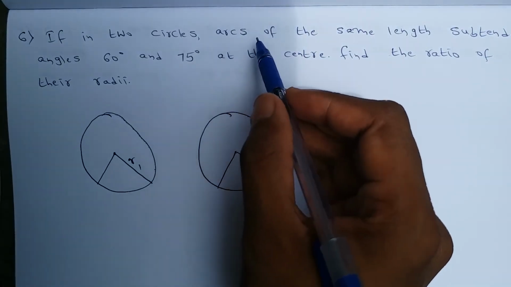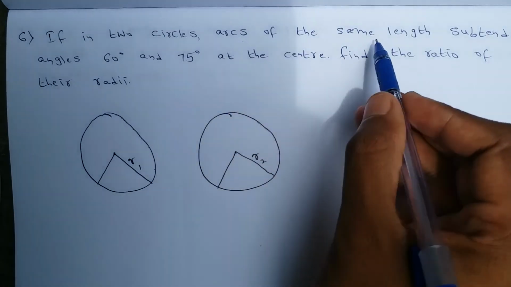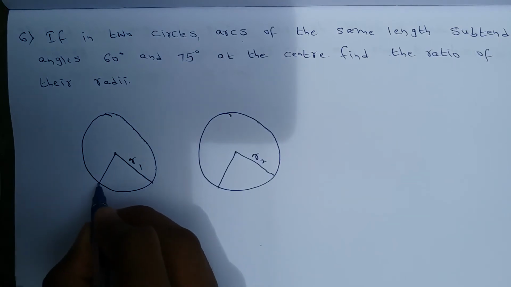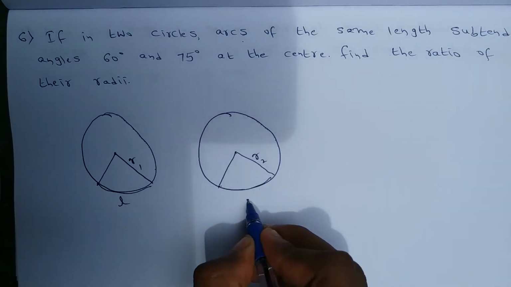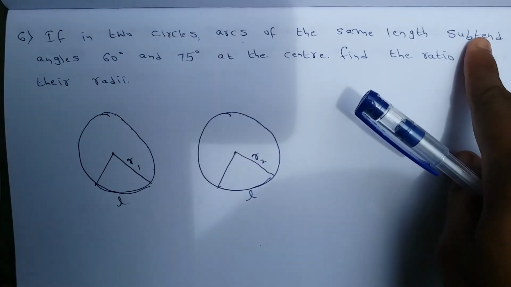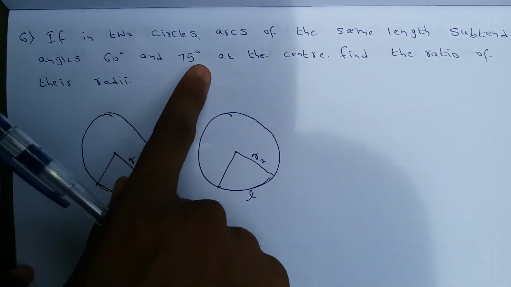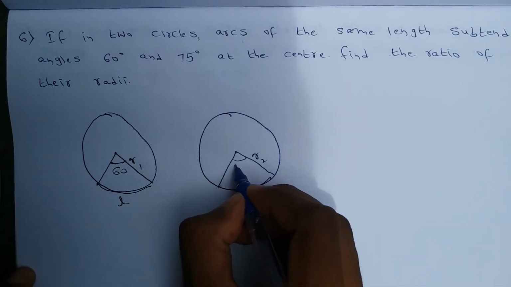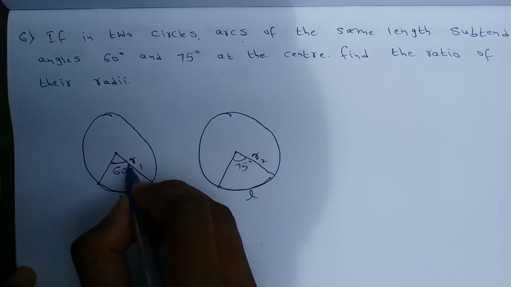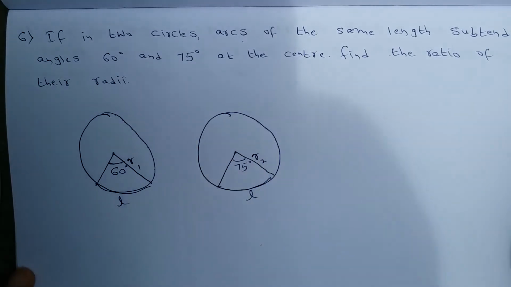Both have arcs of the same length. This arc length I am taking as L, and here also the arc length will be L. This angle is 60 degrees and this is 75 degrees.